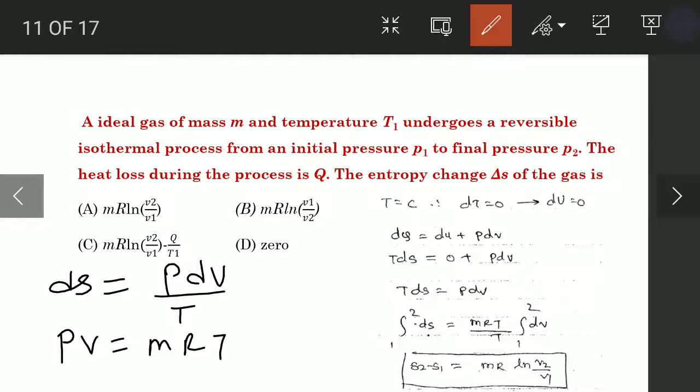So P by T is equal to mR by V. Instead of P by T we can write mR by V. I will write it in the next slide.